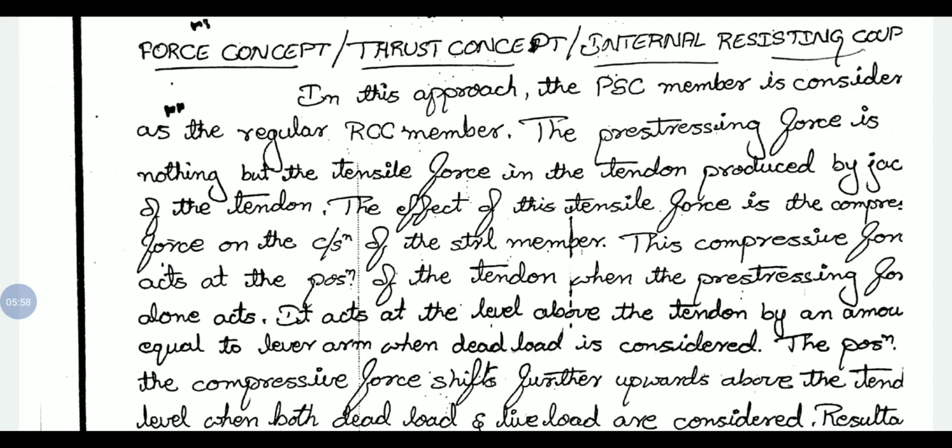That is, the compressive zone gradually shifts upwards and the tension zone gradually shifts downwards. In this situation, the distance between the tendon and the maximum compressive stress level above the tendon is called the lever arm.